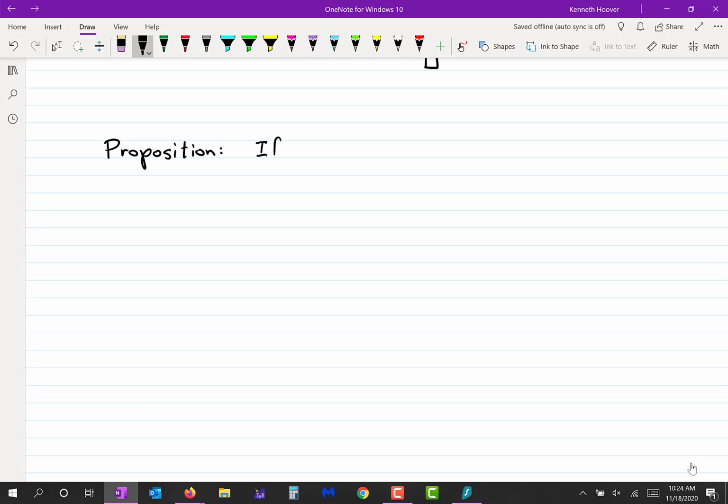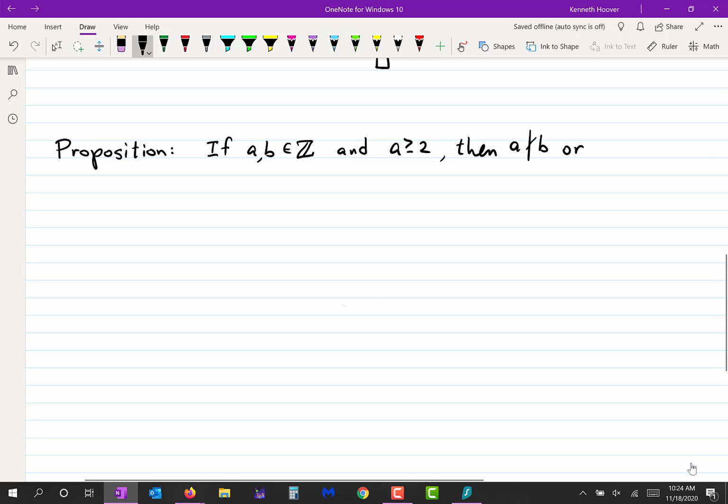If A and B are integers, and A is equal to or greater than 2, then A does not divide B, or A does not divide B plus 1.